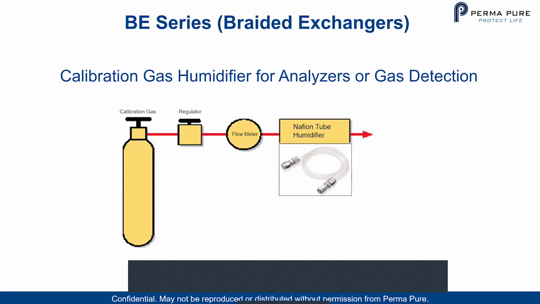There you see a calibration gas in a bottle there with a regulator and a flow meter. And then before we go to the analyzer, or when we want to calibrate a gas detection system, we put the Nafion tube humidifier in line, and it extracts the moisture from the outside air and humidifies the gas stream.